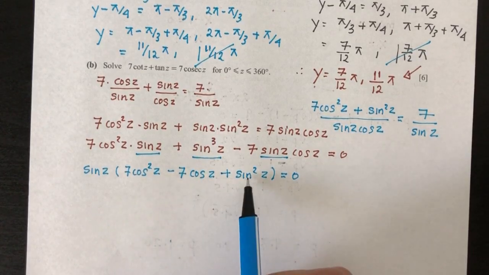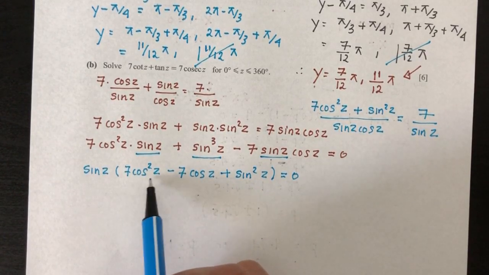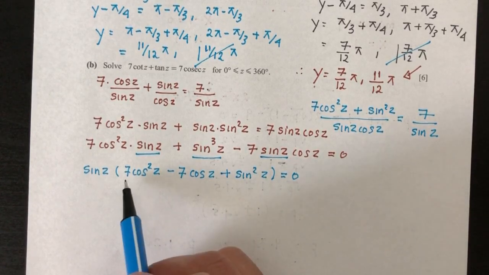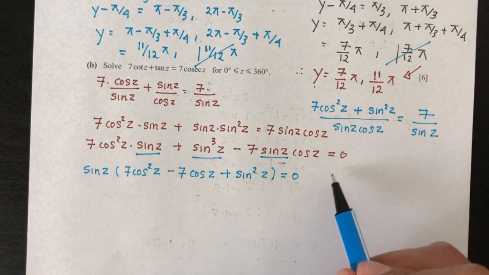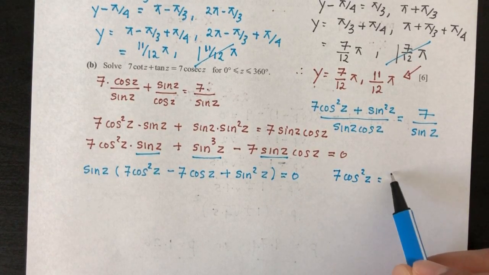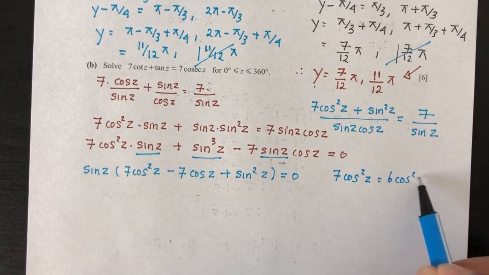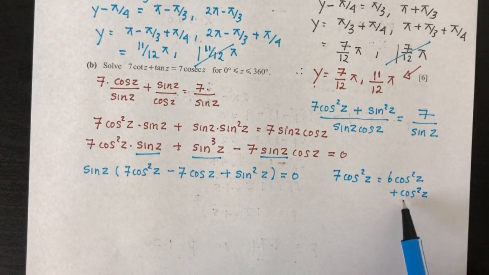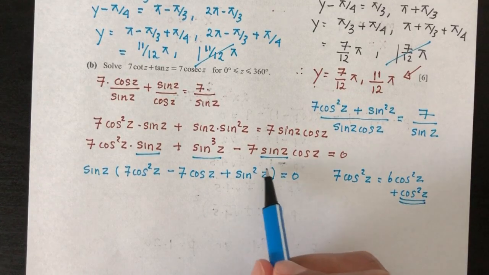Now let's see how we can convert this. So here we have cos square z, here we have sin square z. So you have 7 cos square z. If you write this down as 6 cos square z plus cos square z, right, so cos square z can be taken out to add with this.